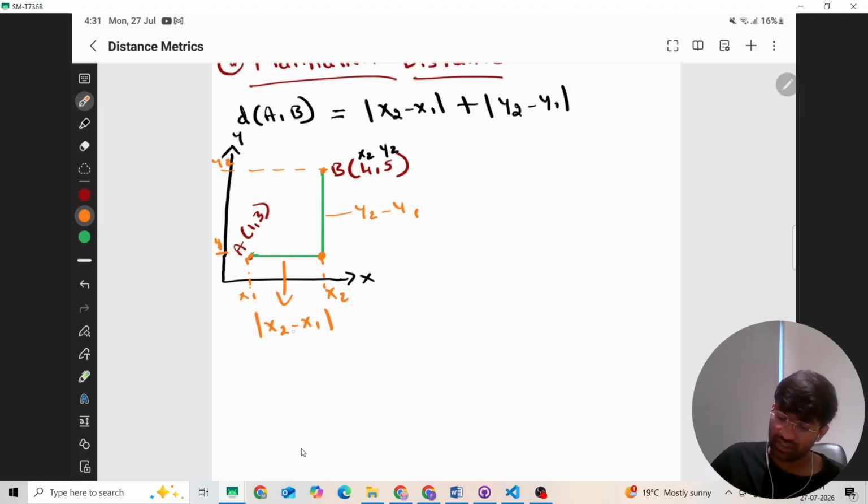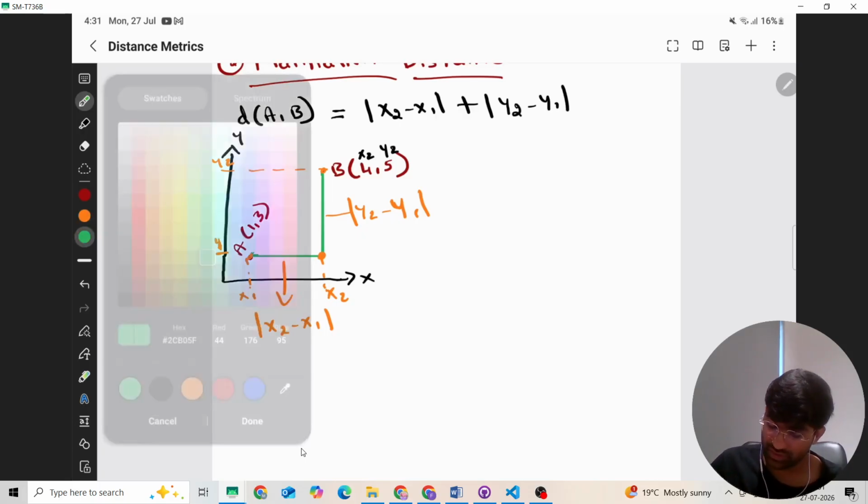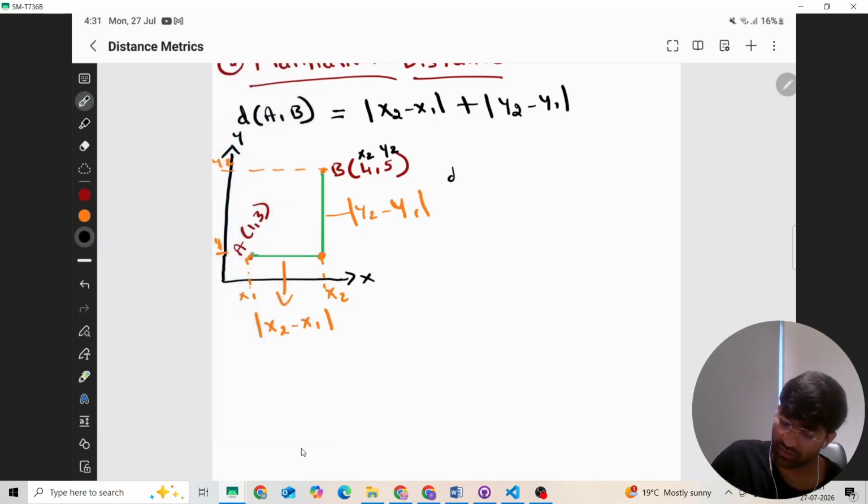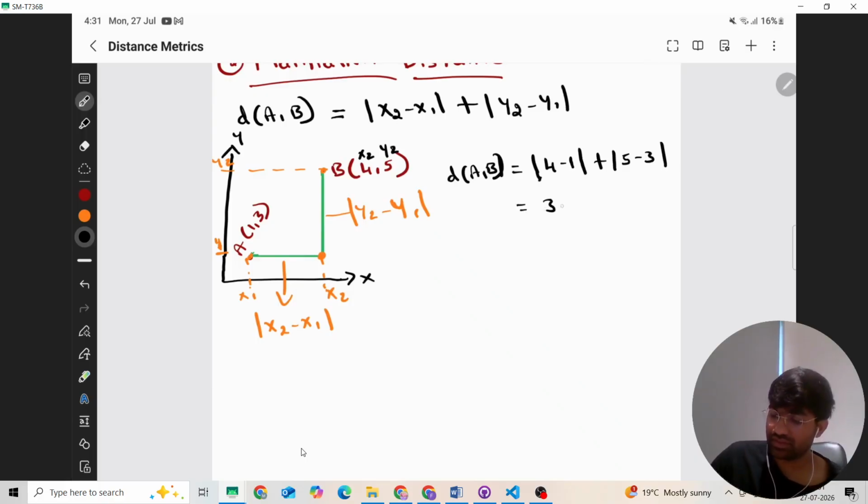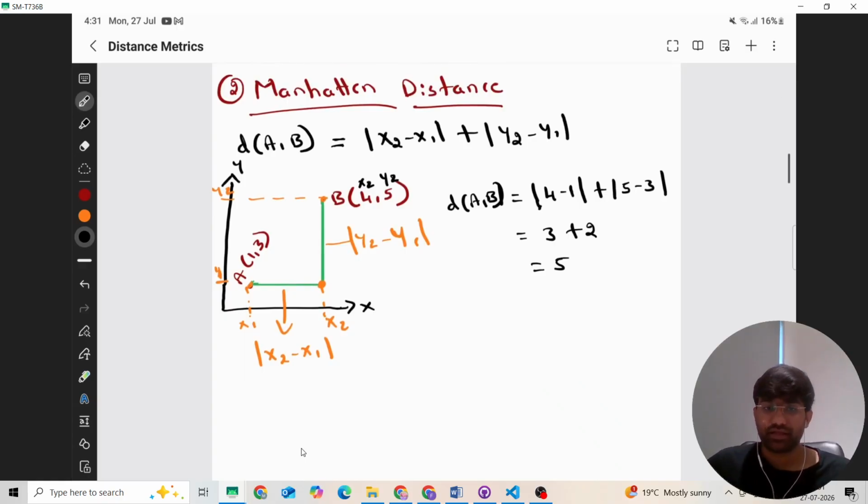So first it will calculate x2 minus x1 and then add the absolute value of y2 minus y1. If we substitute in the formula, distance of A comma B is 4 minus 1 plus 5 minus 3, 3 plus 2, that is 5. So the distance between A and B according to the Manhattan distance is 5.